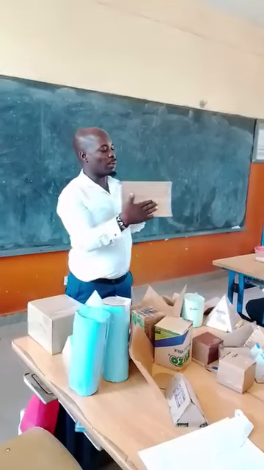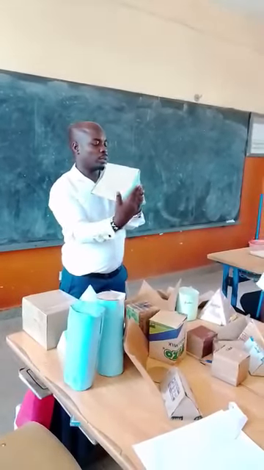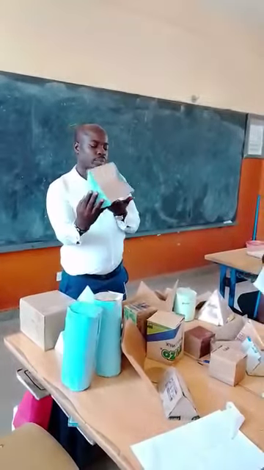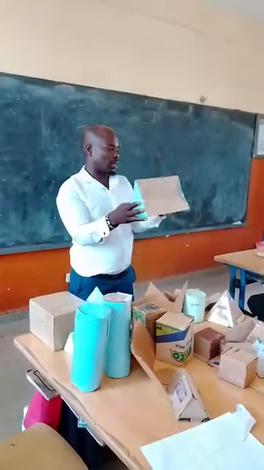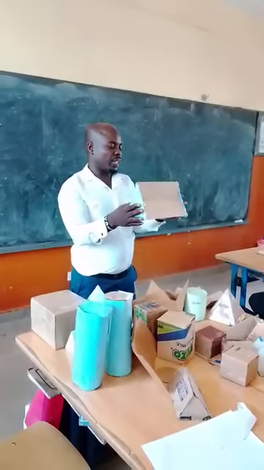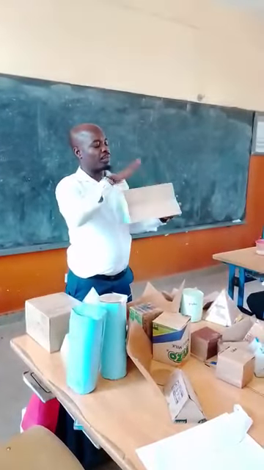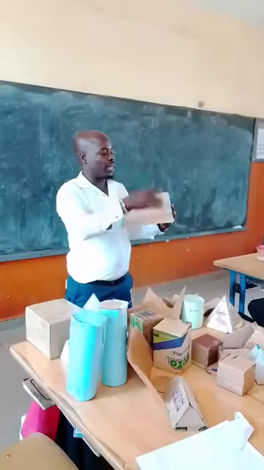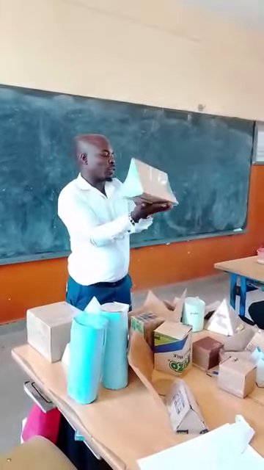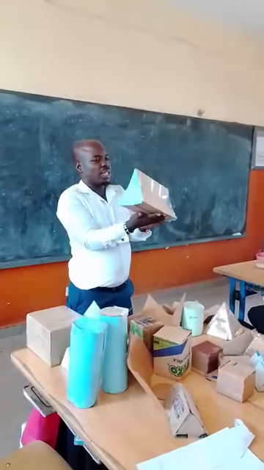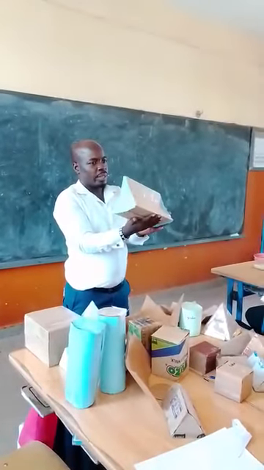We have this one, 2, 3, 4, 5. So the two triangular sides form the two side faces. Then this part forms the rectangular part, okay? The two and the base also form the rectangular part. That's another face. Okay? Yes.